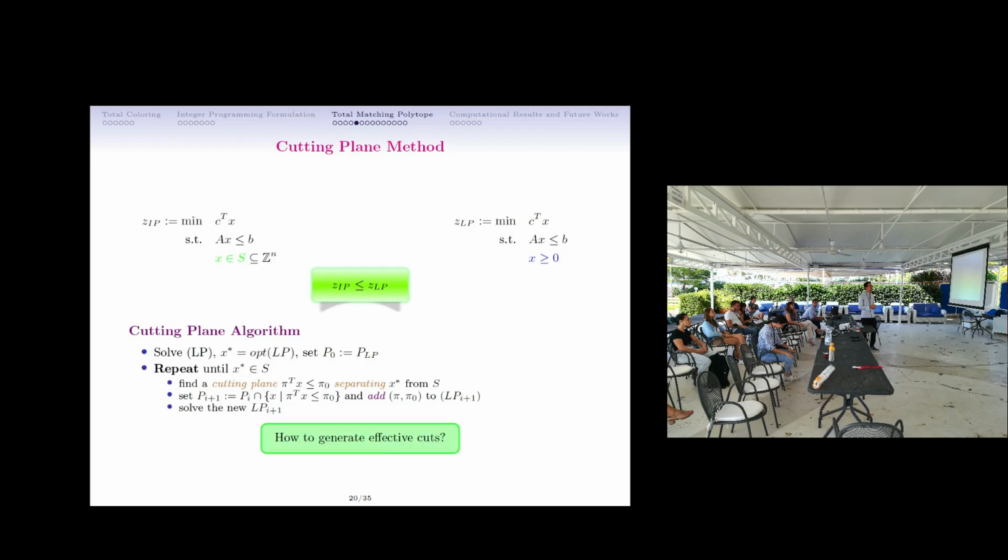So a natural question is also: how do we generate effective cuts? The main point is that facets have a great impact in the cutting plane generation.